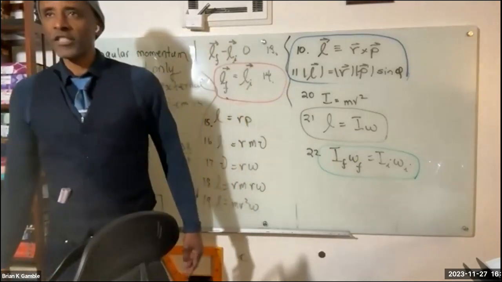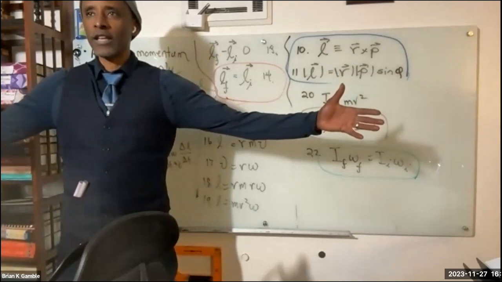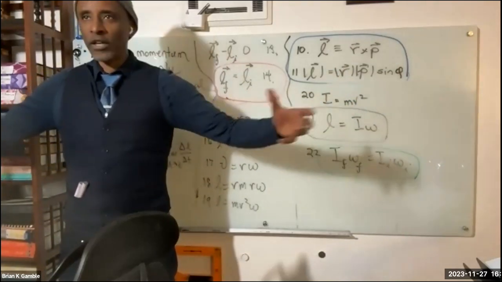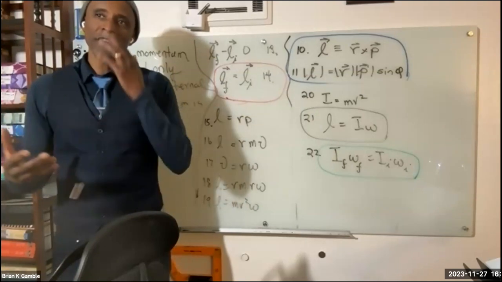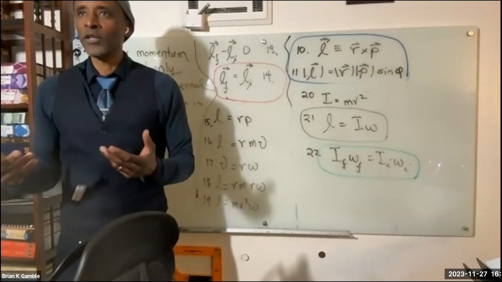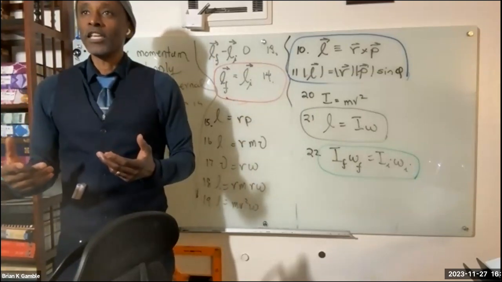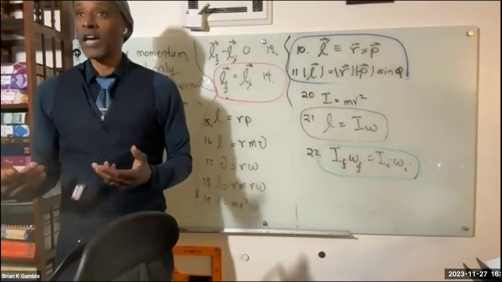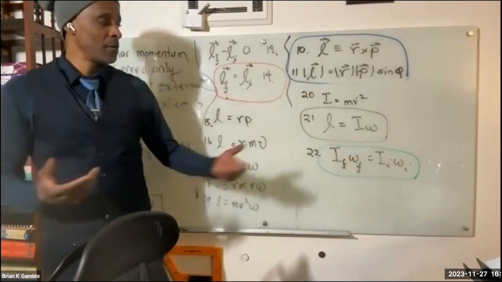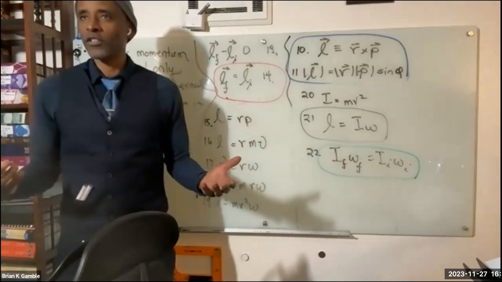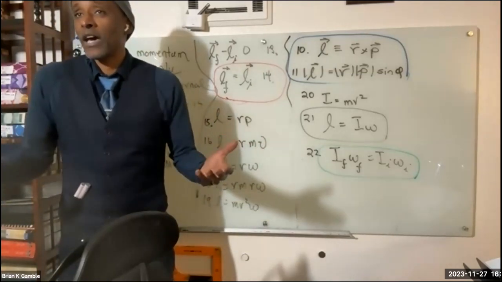So let's say you've got the skater doing the spin that I talked about, bringing their arms in and twirling. Because conservation of energy is something you're already familiar with, your intuition might be to think you have an option, either conservation of energy or conservation of angular momentum, because you just learned this. Maybe you just want to do the energy, or maybe you just don't think it matters.